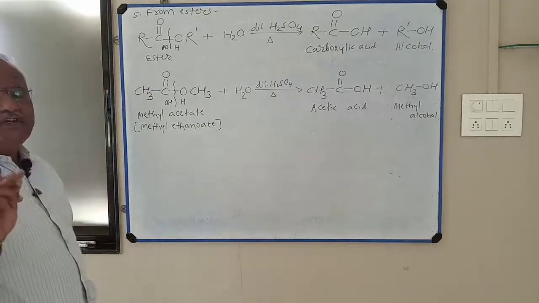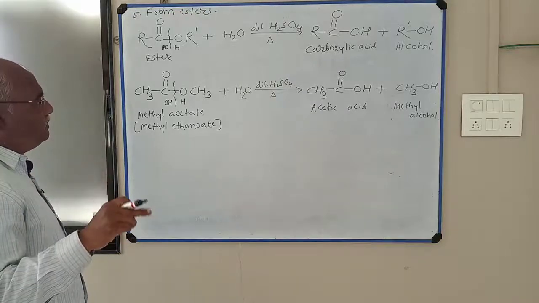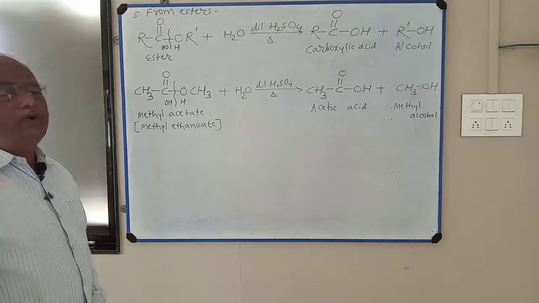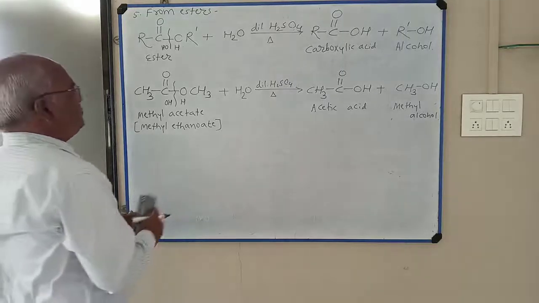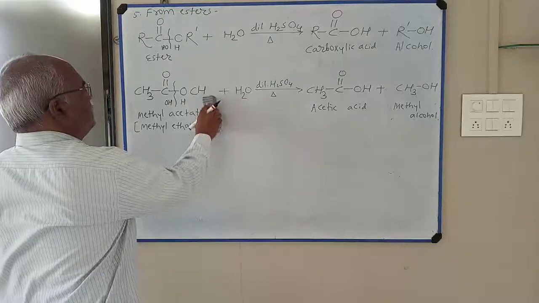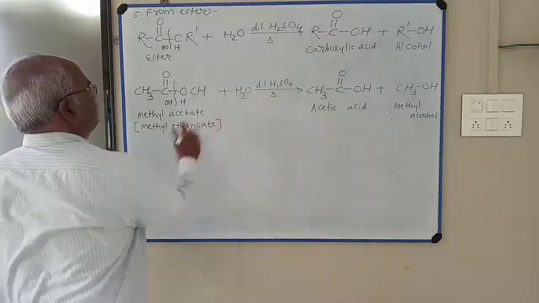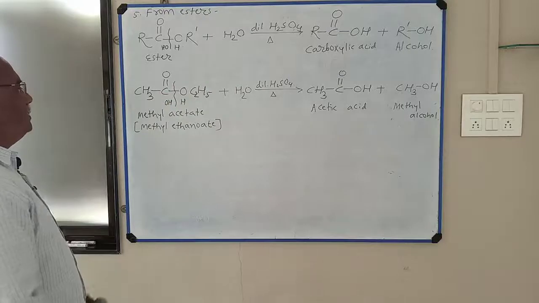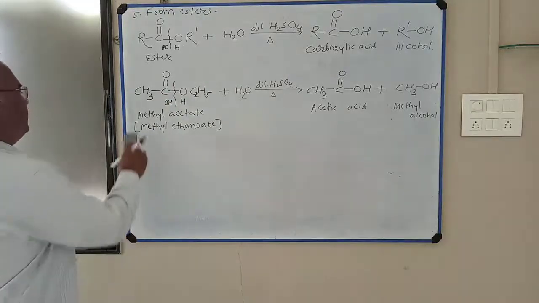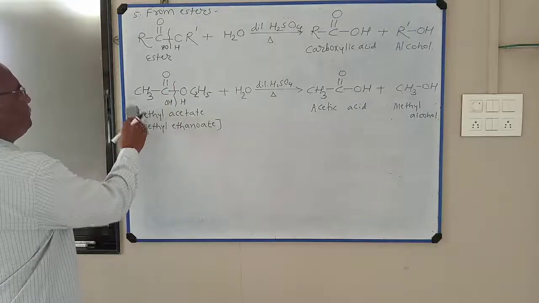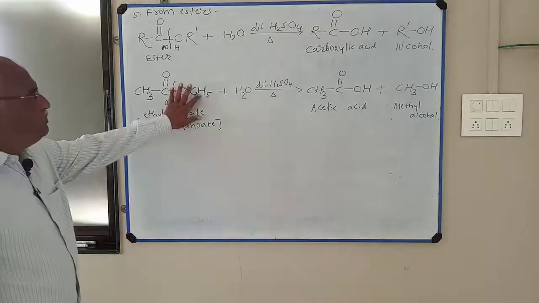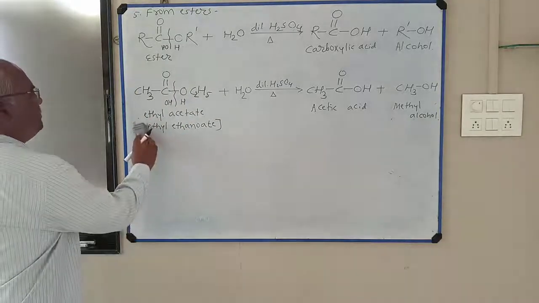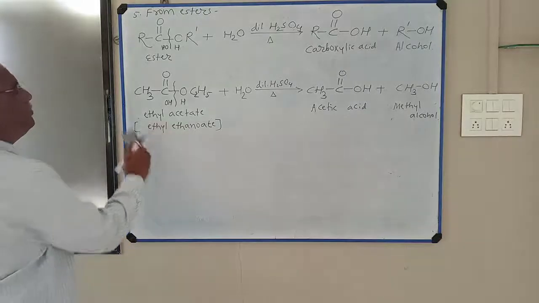If it is clear, I explain the reaction by giving one more example. Instead of methyl group, I write here C2H5 group, ethyl group. The name of the ester is ethyl acetate. Is it clear? The IUPAC name is ethyl ethanoate.